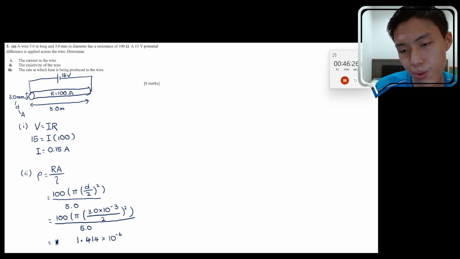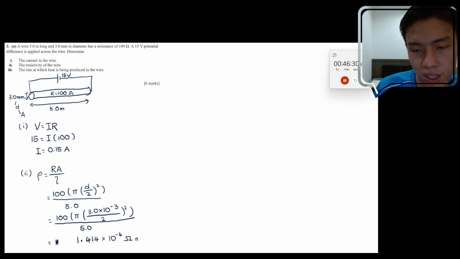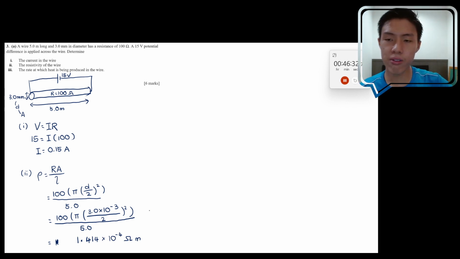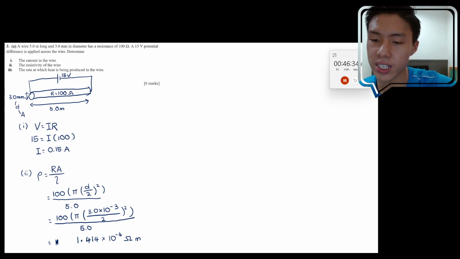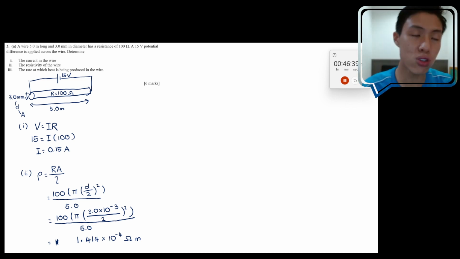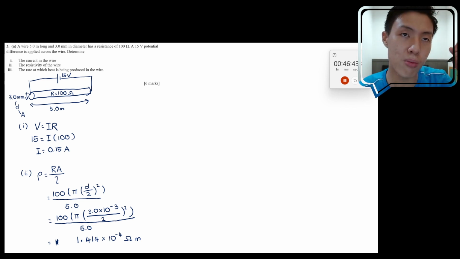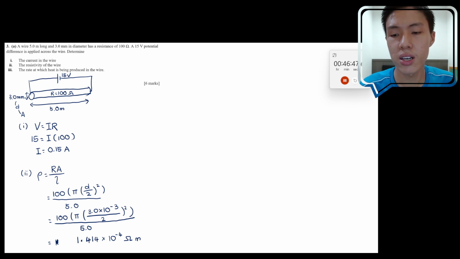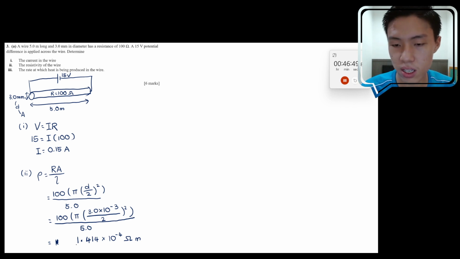Okay, how many decimal places is not really important. Usually you put 2, sometimes up to 3, it's really up to you. Okay, but don't leave too little. Don't write just 1 or 1.4. Usually the proper way is to follow significant figures, but for our matriculation level it is usually just 2 or 3 decimal places. Okay, so this unit is ohm meter. For resistivity it is ohm meter.